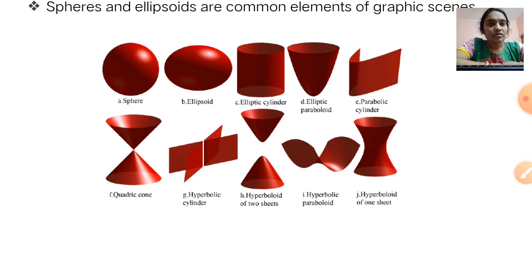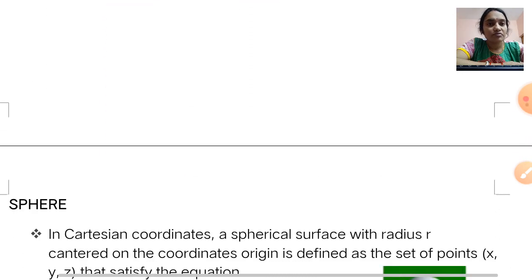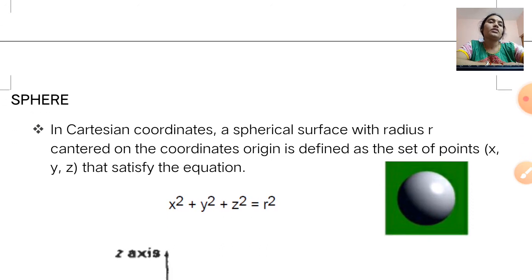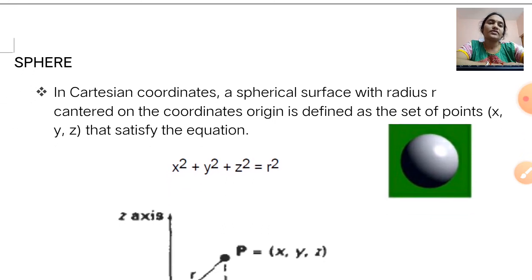Here is the diagram of all the quadratic surface objects. Let us discuss what a sphere is, our common element of the quadratic surfaces. In Cartesian coordinates, a spherical surface with radius r centered on the coordinate origin is defined as the set of points x, y, z that satisfy the equation.